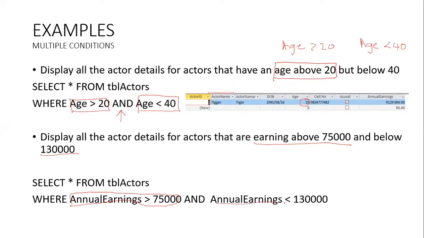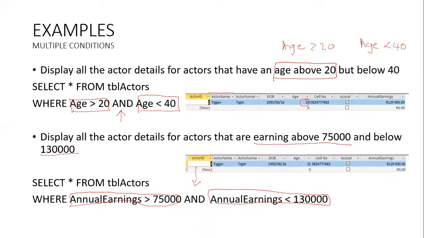And then annual earnings below would be less than 130,000. And we want both conditions to be satisfied. So we connect it using an AND. And again, returning this, interestingly enough, it's also Tigger, who happens to have earnings of 129,000.